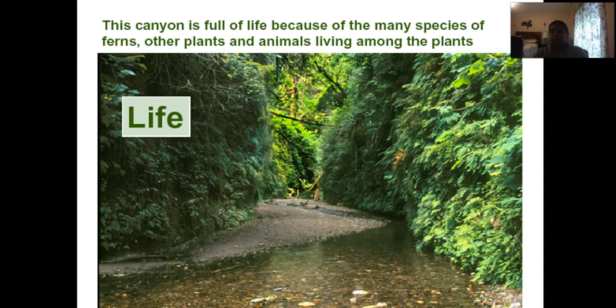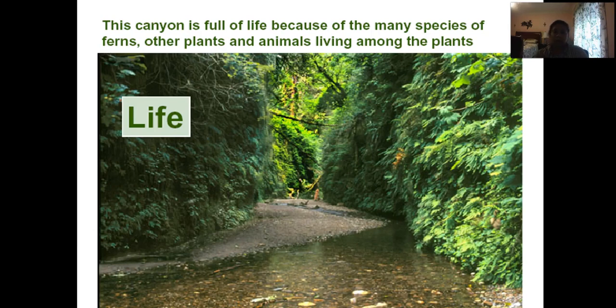This canyon is full of life, and the majority of the things that you're seeing in here would be considered living things, starting from what's in the water, with the small microbes and diatoms, to anything that you can see moving in there. If there are any fish or tadpoles or frogs in there, those are all living things. Then you have your ferns and plants and animals that are living among these plants that are also going to be living in that state.